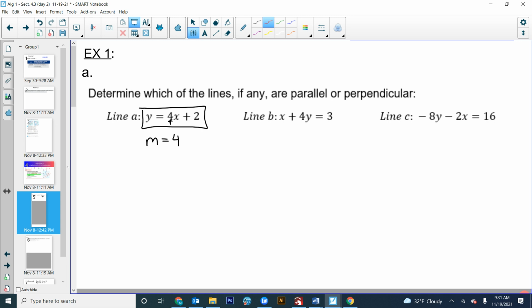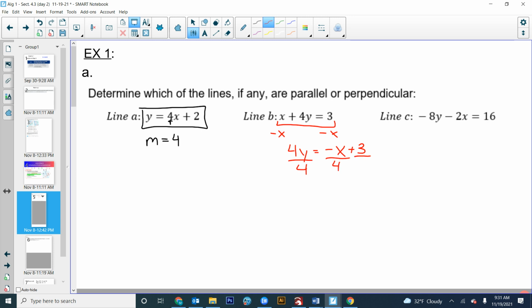Dorian, what do you think? What about line B? Do we know its slope yet? No. What do we have to do? Subtract the x. Yeah. So 4y equals, and I like to put the x first, negative x plus 3. Yes. And then divide by 4.